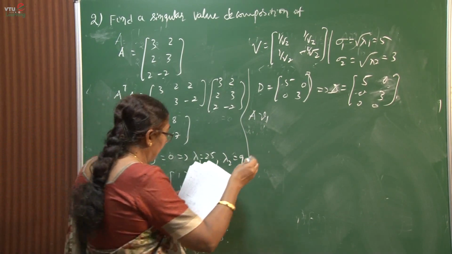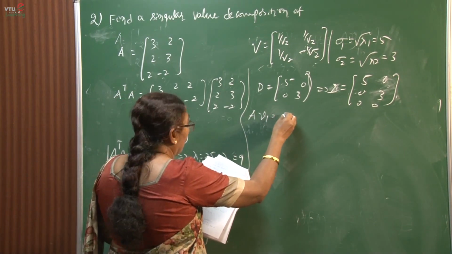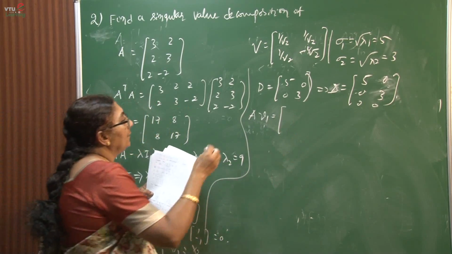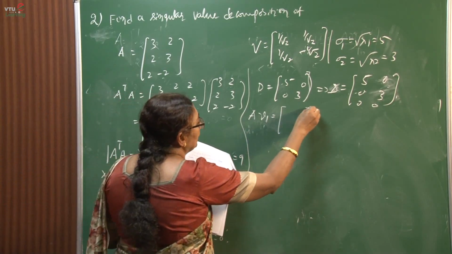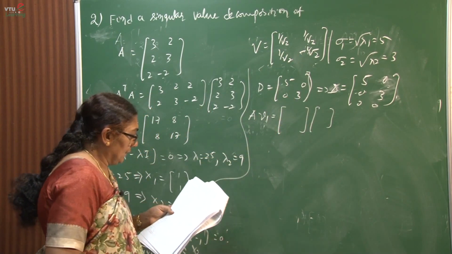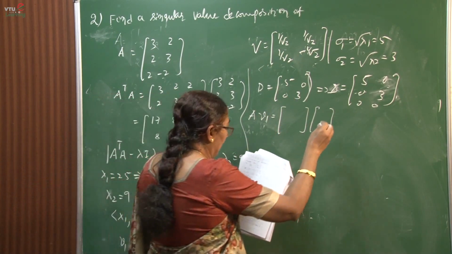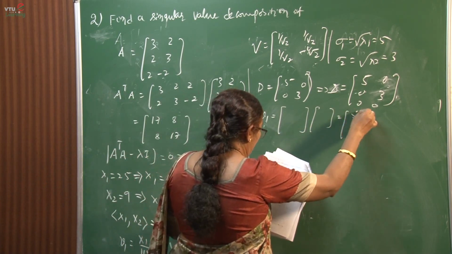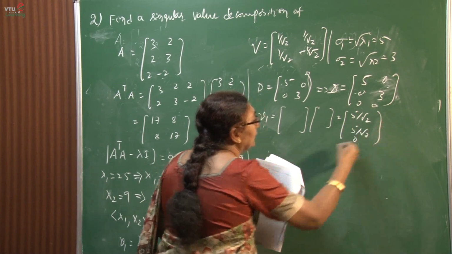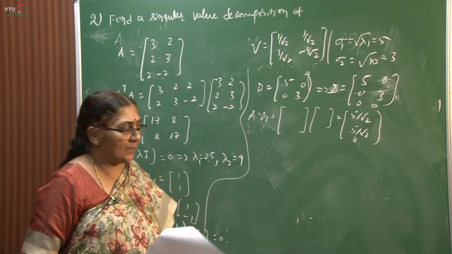What is AV1? Substitute the A value and the V1 value, which you know, and we get 5 by root 2, 5 by root 2, 0. I am writing only the final step because you know how to multiply.